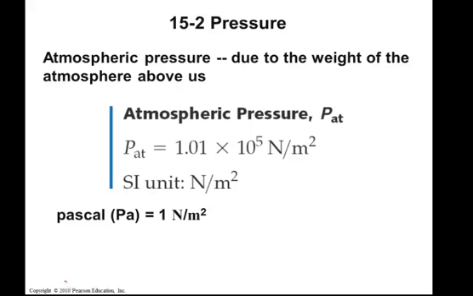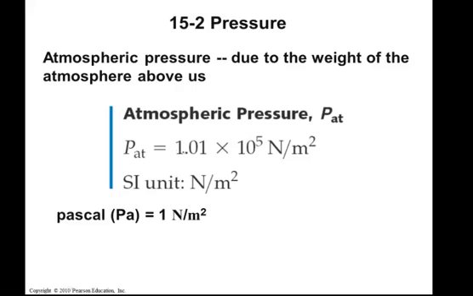Okay, the next thing we're going to talk about is atmospheric pressure. Atmospheric pressure is the pressure that we have due to the weight of the atmosphere above us, and it uses this little subscript AT. Our atmospheric pressure is 1.01 times 10 to the 5th newton per meter squared. That's the SI unit, and in case you want to know, a newton per meter squared is the same thing as a pascal.